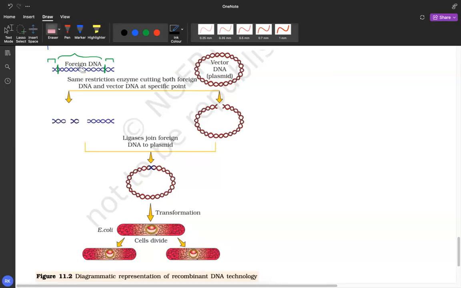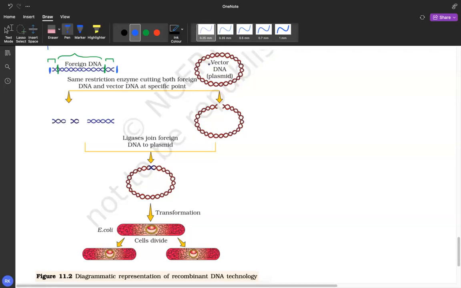And then you use the same restriction endonuclease to cut your vector DNA plasmid also. Now, what Parker is asking is, the vector will also have the same sequence that was present here and here in it. Then only the endonuclease can cut it.